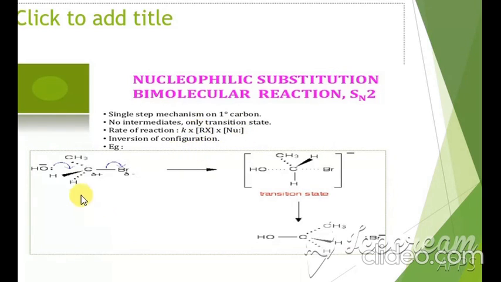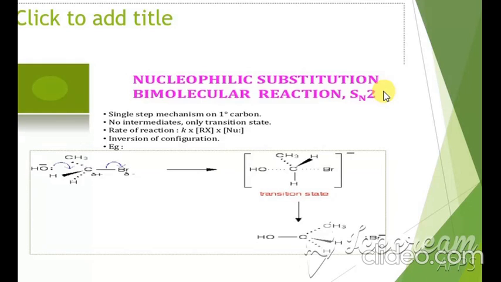So due to the molecularity and order of the reaction being 2, this reaction is called SN2. Second equation: rate of the reaction equals K, a constant, times the concentration of the alkyl halide and the nucleophile.